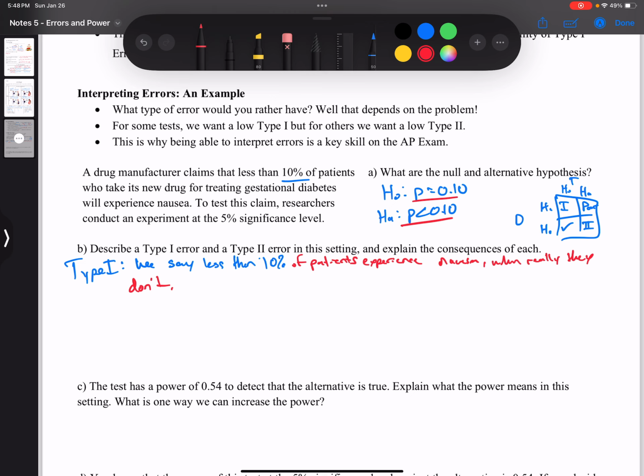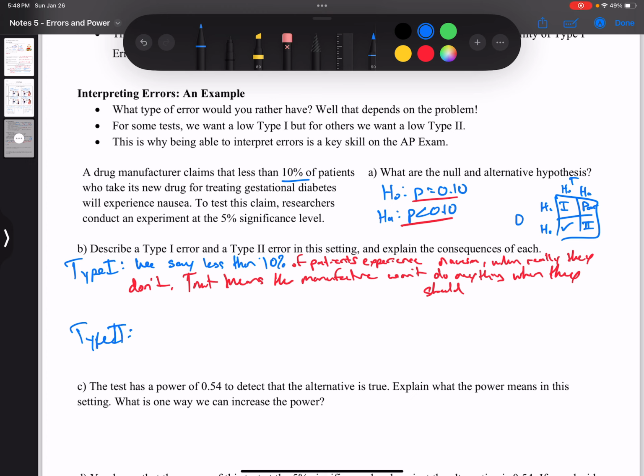If we say that less than 10% of the patients experience nausea when they don't, that means the manufacturer won't do anything when they should, okay?